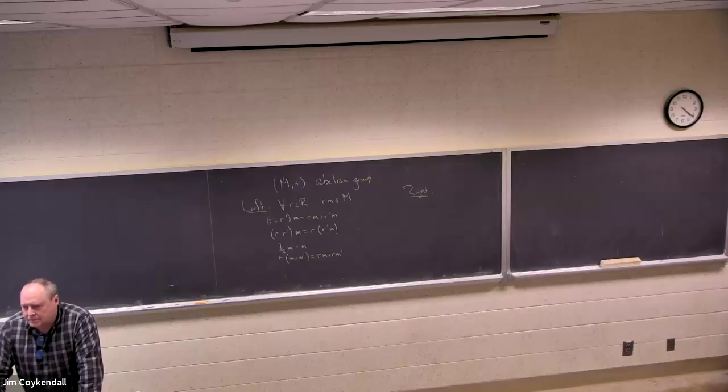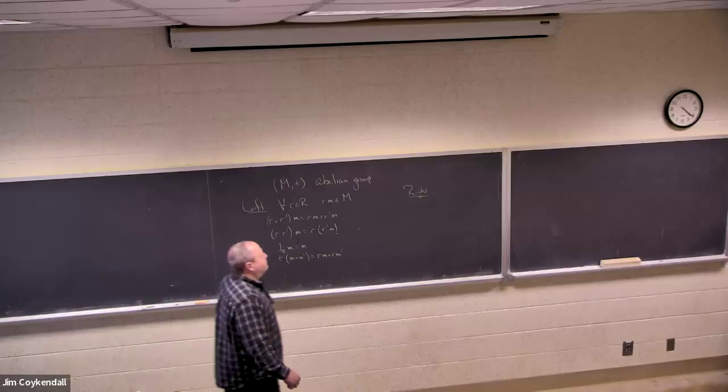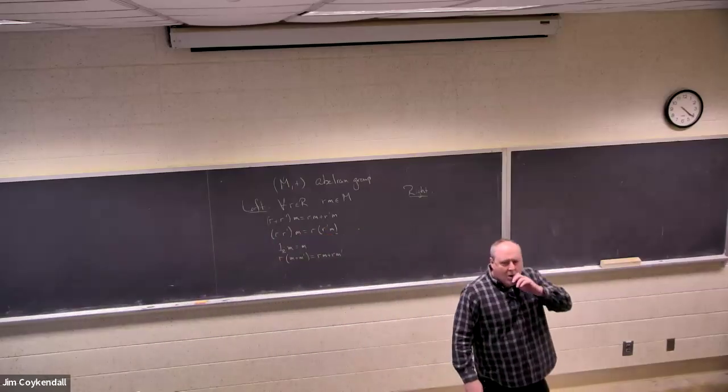So if it's not commutative, would it still be like two distinct left and right R modules? Well, as long as it takes it into M, then it's right.